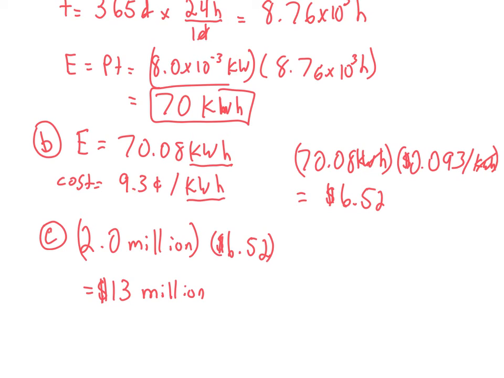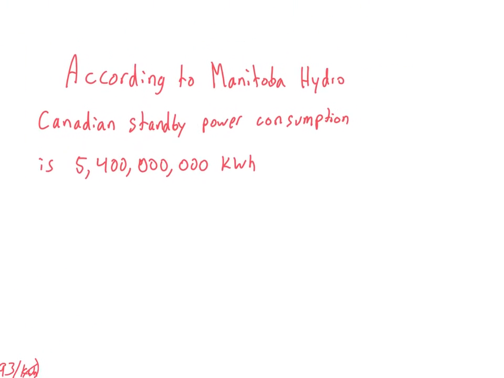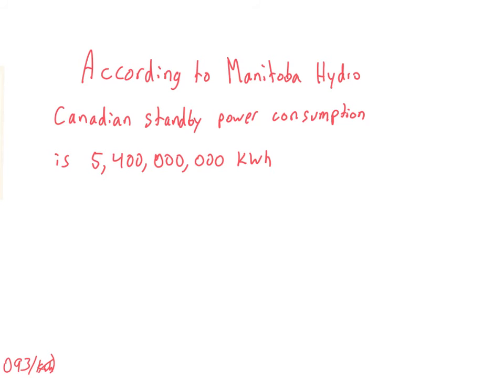And that got me thinking about Canadian numbers, and I actually found this stat on Manitoba Hydro. What it says is that Canadian standby power consumption is 5,400,000,000 kilowatt hours. So now let's stick with that same 9.3 cents.